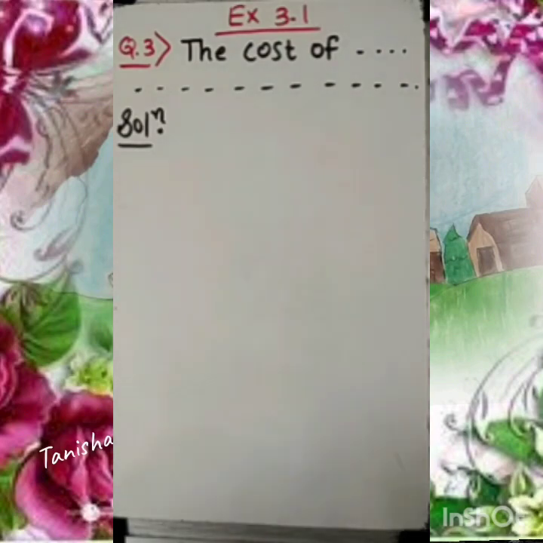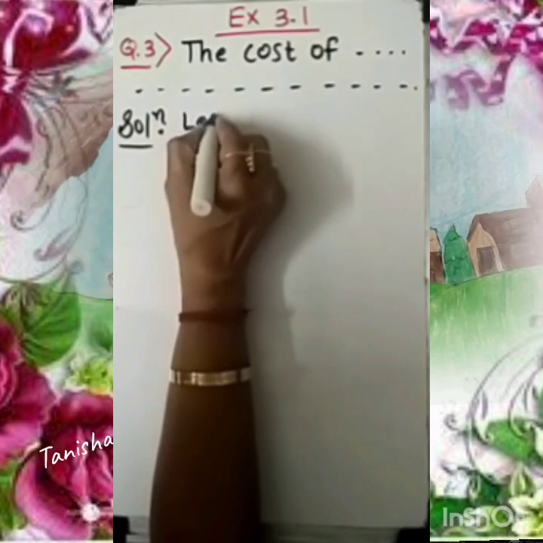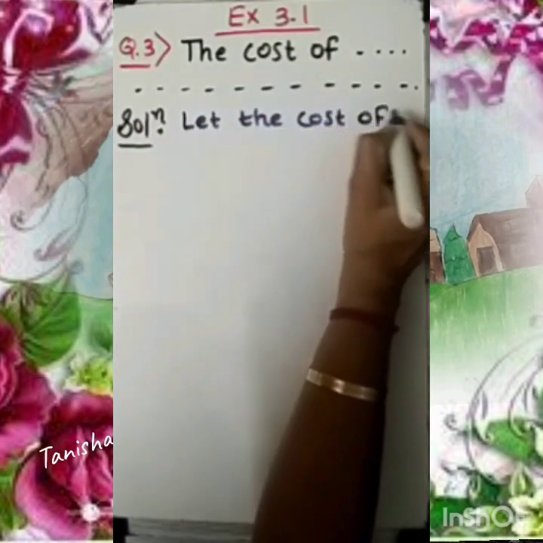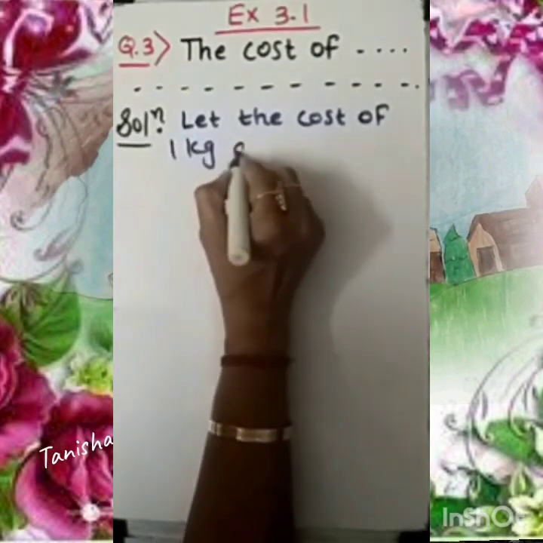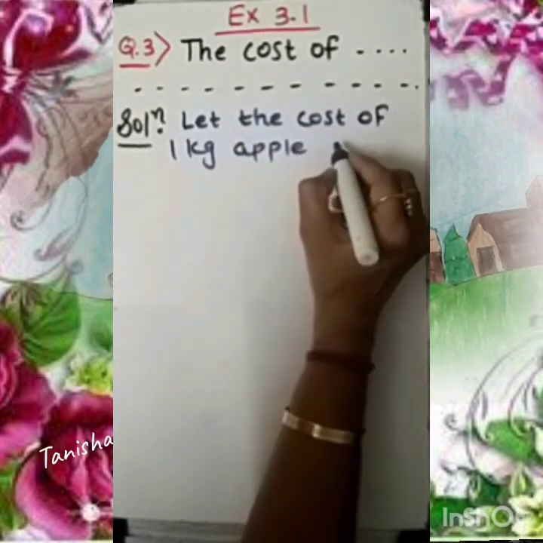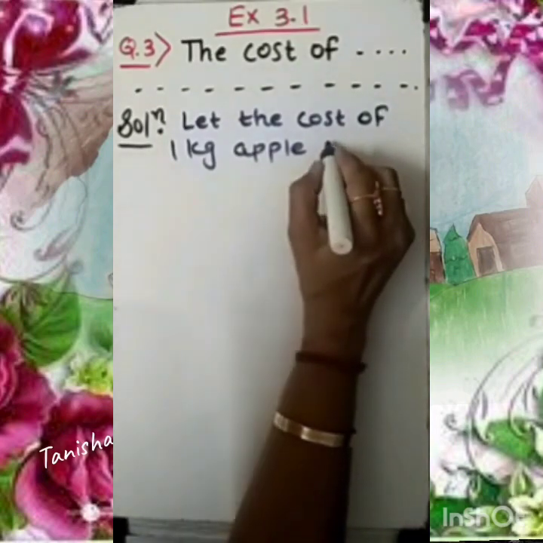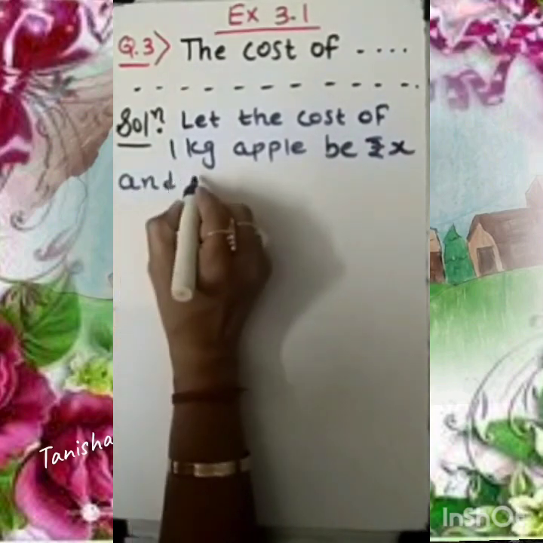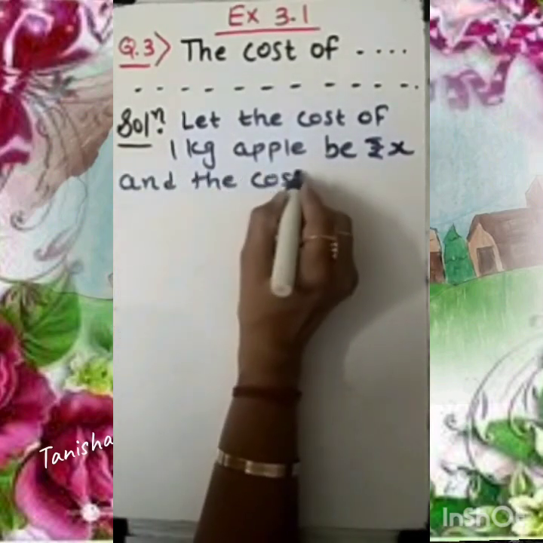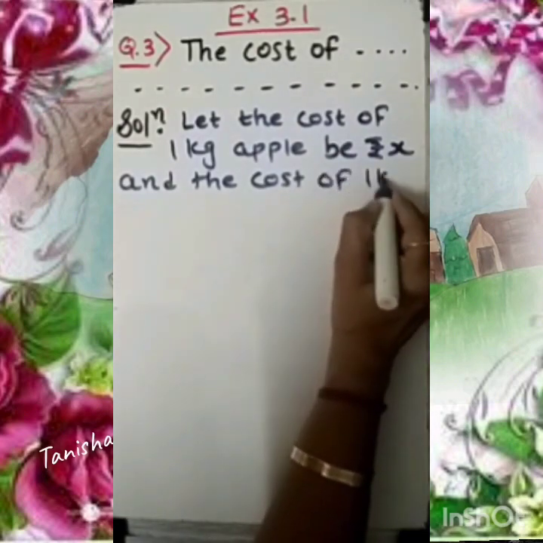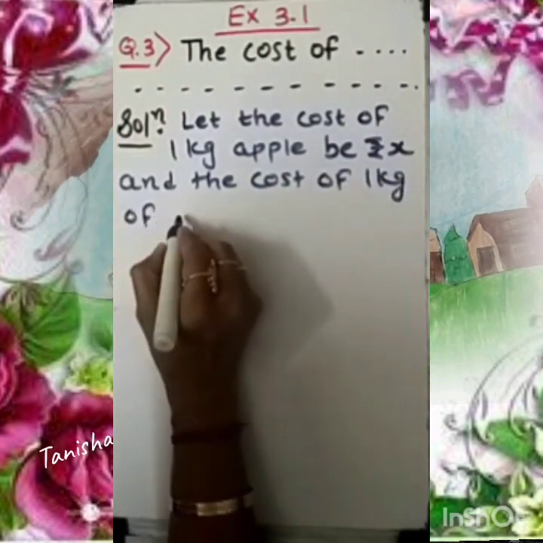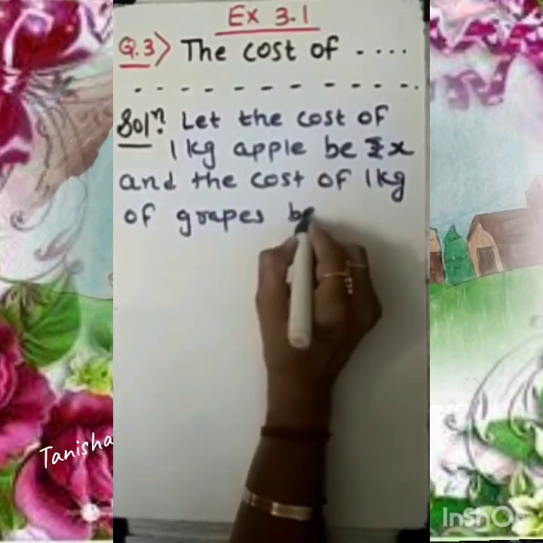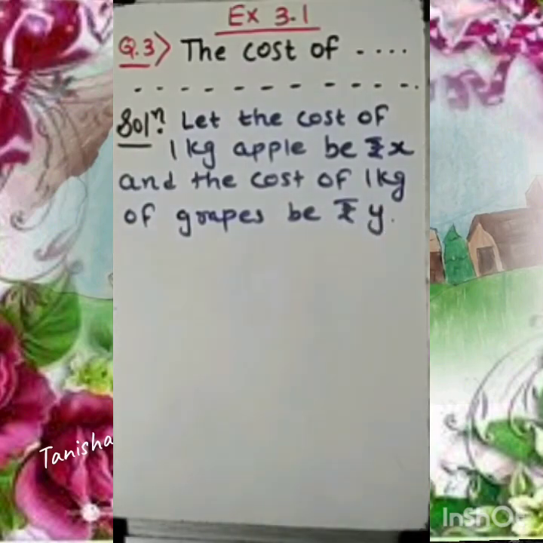We need to mention: let the cost of 1 kg of apples be rupees X, and the cost of 1 kg of grapes, that is also we are considering, rupees Y. Fine, clear to you?